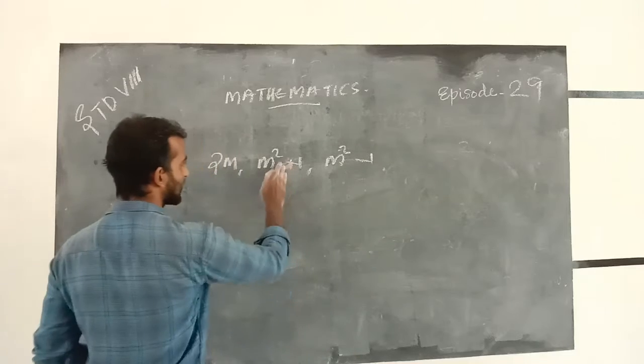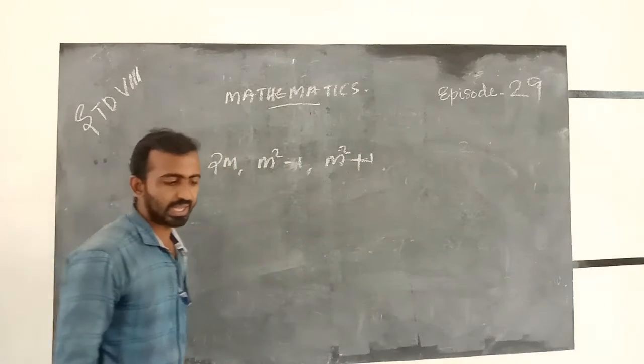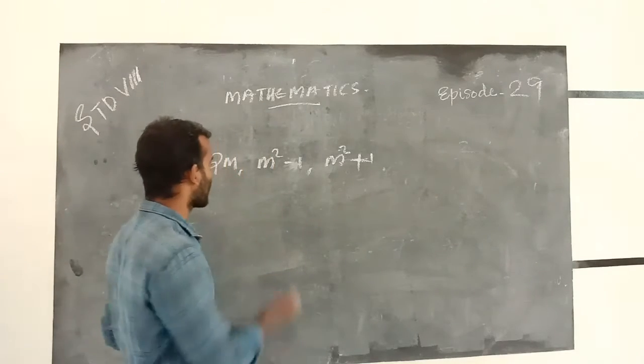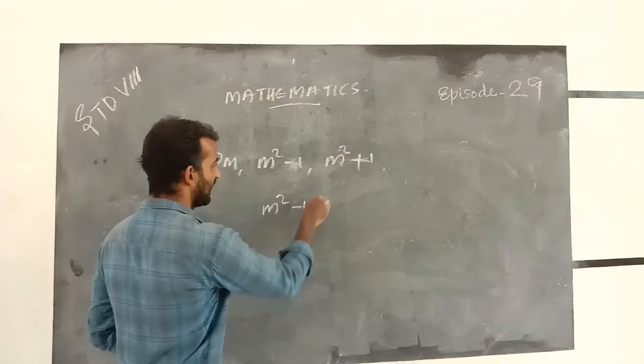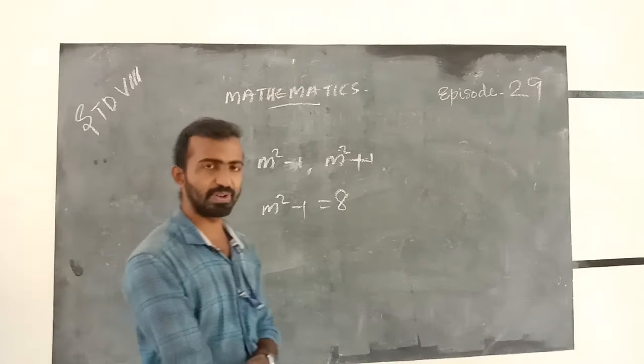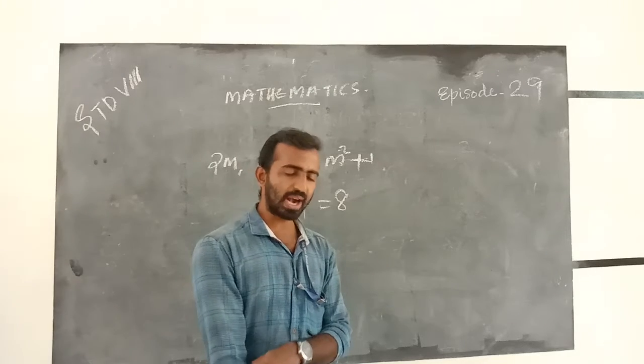Here m square minus 1 comes first and m square plus 1 is the largest. Here the smallest number is 8.